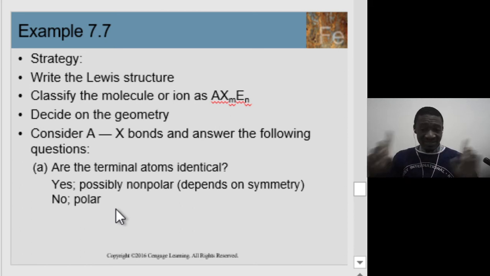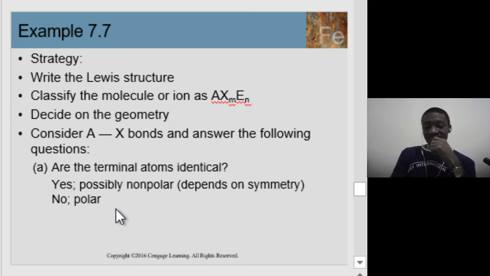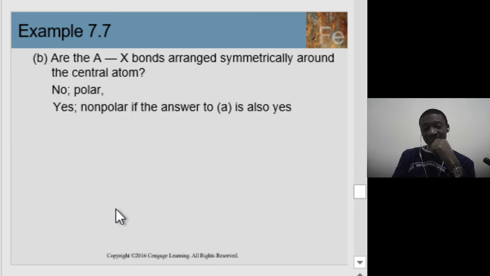The reason is what I told you: if you are carrying a heavy bucket of water on this hand and you carry another heavy bucket of water on this hand, that's going to result in some form of balance, and hence you have symmetry. But once it's not the same, it's going to be polar, and that is asymmetry.